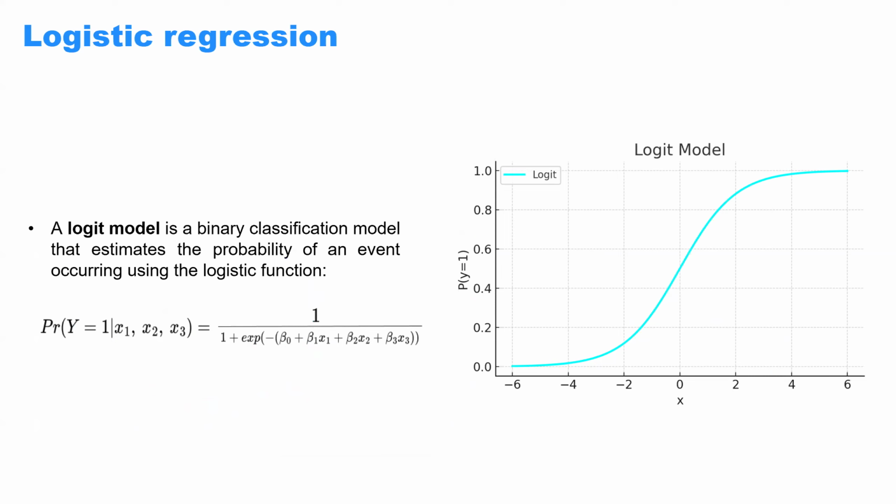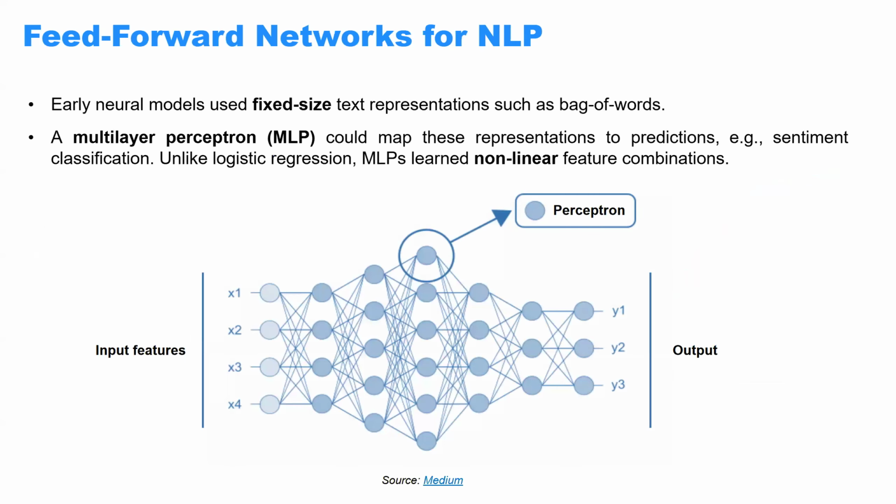Linear regression and logistic regression are actually neural networks, but very simple. Let's have a look at a feed-forward neural network that was used for almost every task in the past 20 years.